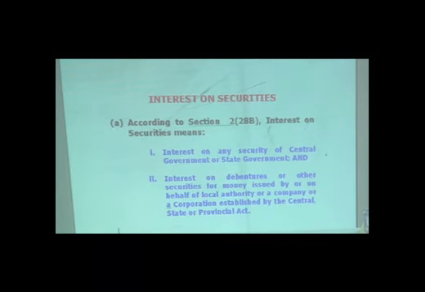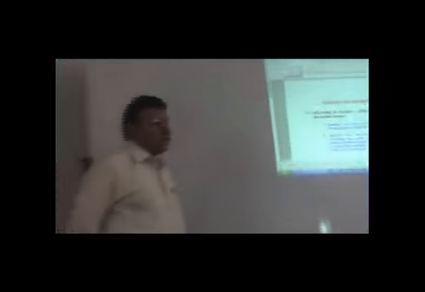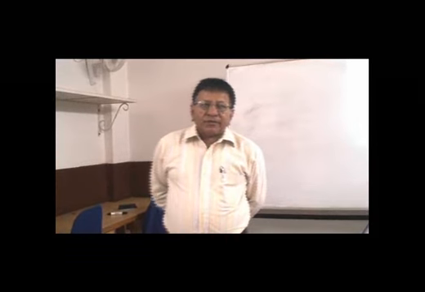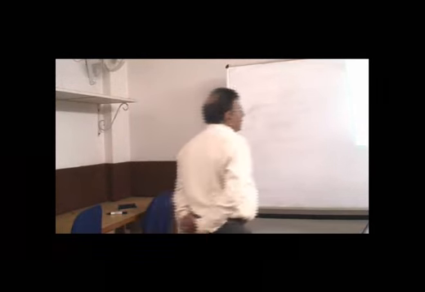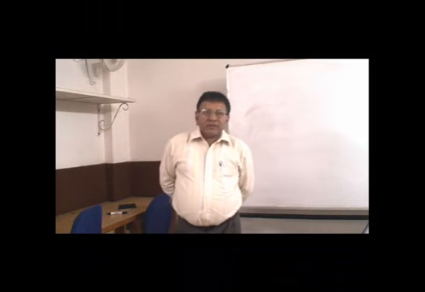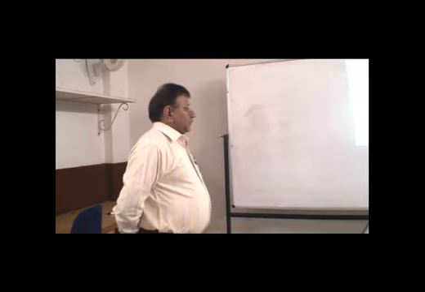So these 3 types of incomes we just discussed in detail. We learned the various provisions of the Act, and we also learned the treatment of these incomes under the Income Tax Act, particularly with reference to this head, meaning computation of income under the head Other Sources.